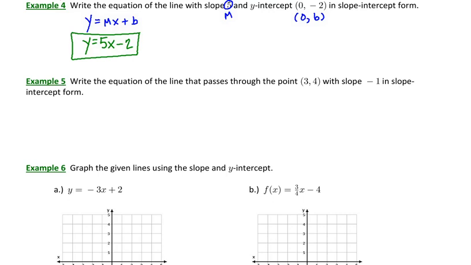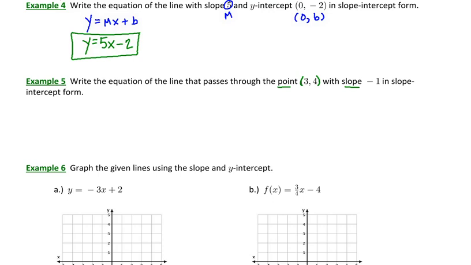Write the equation of the line that passes through the point (3, 4) with slope negative 1 in slope-intercept form. So the information that we have at our fingertips here is a point that the line contains and the slope of the line. If you listen to that, we have enough information to write the point-slope form.